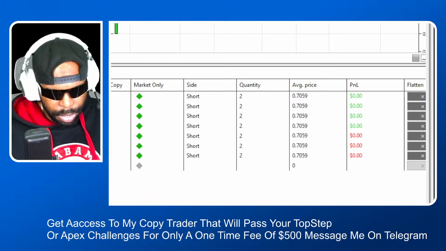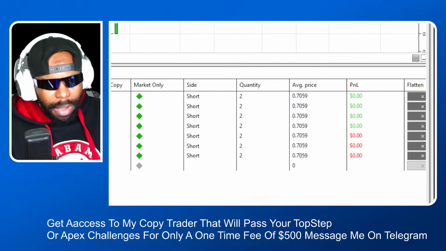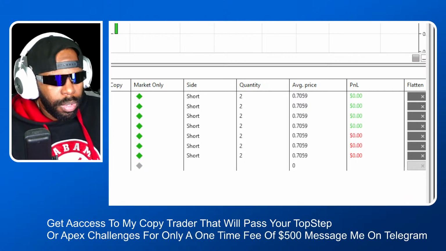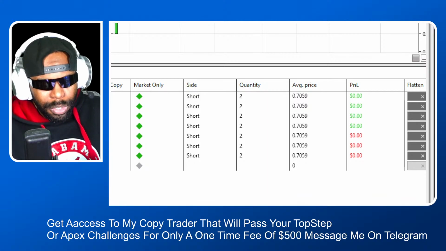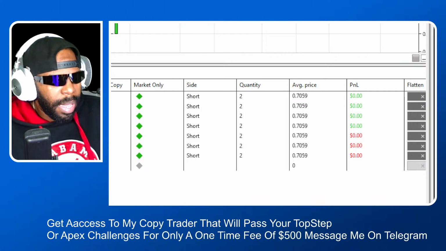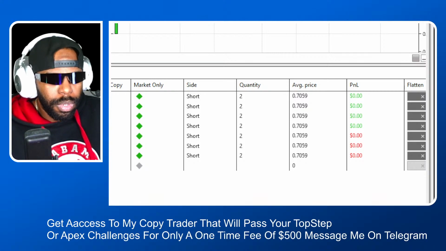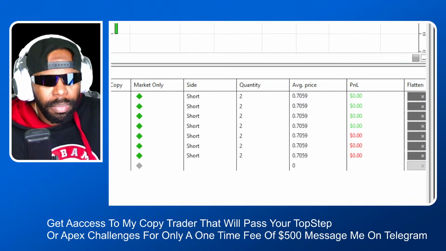I don't know if you guys watch my stories on Instagram, but basically, I'm trade copying to all of my prop firm accounts. Every time I place a trade on TradingView, those same trades will be automatically copied to all of my prop firm accounts, and I can use multiple different prop firm accounts.